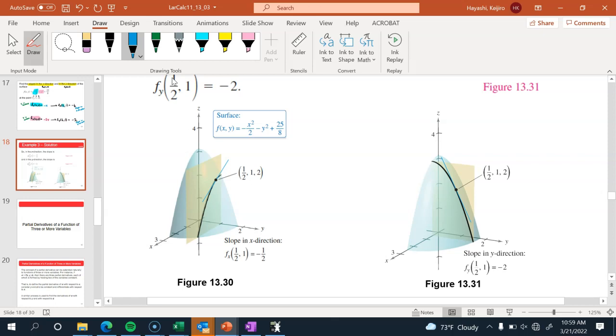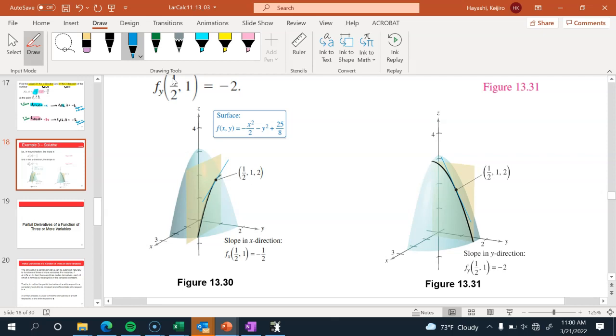That's just the slope. As you move 1 unit in the x direction, the height decreases by 1/2, just at that moment. And if instead you took the partial derivative in the y direction, measuring only the slope in the y direction, you'd get a steeper drop at that same point, basically a slope of -2.